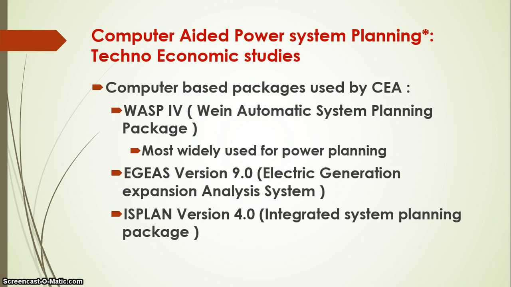Second software is EGEAS version 9, which is Electric Generation Expansion Analysis System. The third software which is used for power system planning is ISPlan version 4, which is an integrated system planning package. So one by one we will discuss some of the features of our softwares.